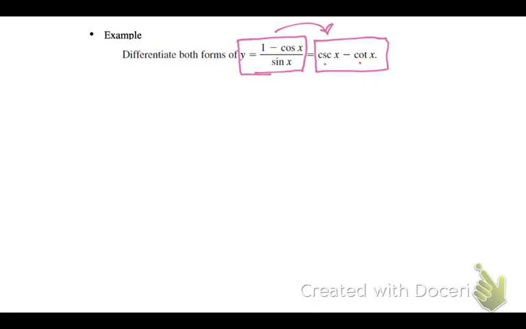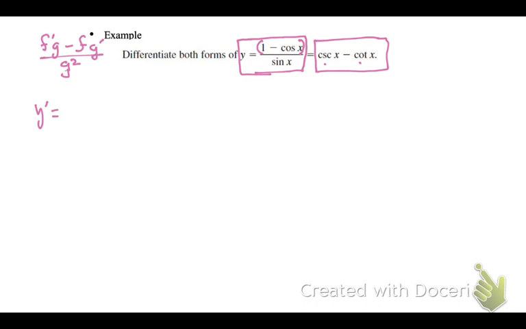Okay, so on the left, we need to do the quotient rule. My numerator is this whole thing. Well, the derivative of a quotient is the derivative of the top times the bottom minus the top times the derivative of the bottom, over the bottom squared. So y prime, well, the derivative of 1 minus cosine would be, well, derivative of 1 is 0, correct?